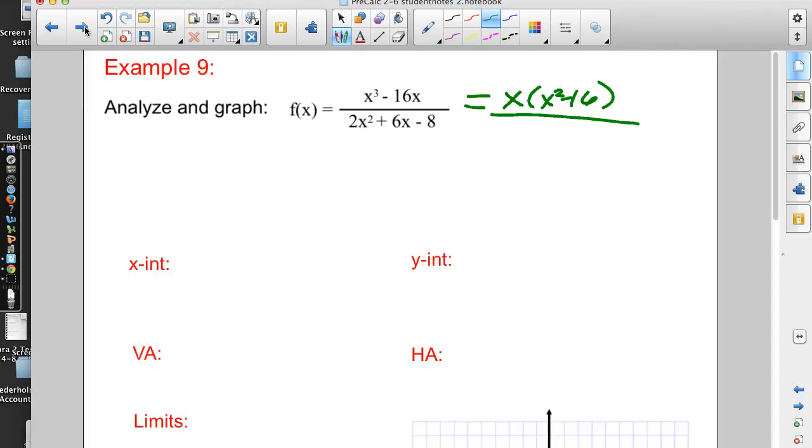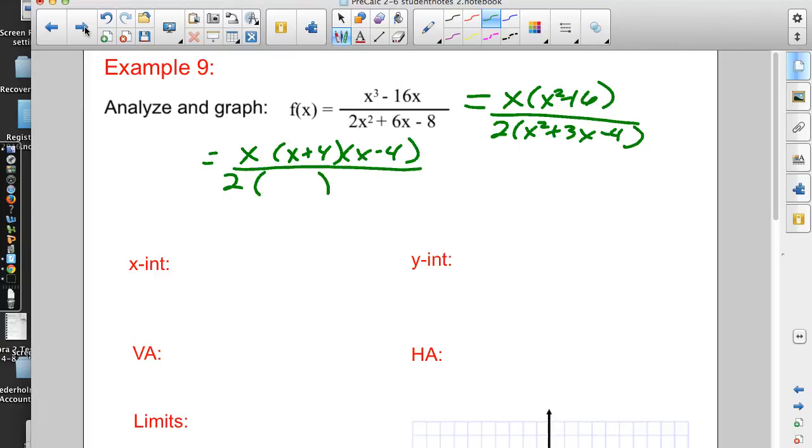Take the 2 out, make it easier to factor. All right, so x squared minus 16, pretty obviously, difference of 2 squares. x squared plus 3x minus 4. What are you going to factor that into? Plus 4 minus 1 adds to the positive 3. There we are.